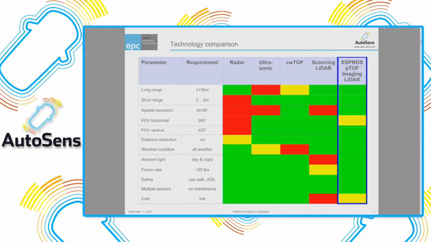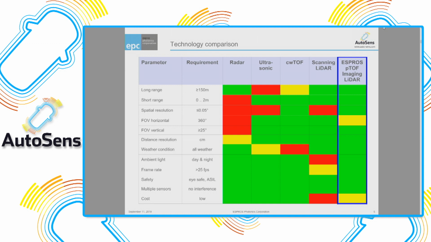So the comparison here is regarding different technologies. Radar basically has a poor spatial resolution; ultrasonic is typically for short range. Then CW ToF is typically very high resolution distance imaging; scanning LiDAR suffers on the spatial resolution. And then what we are doing is a PToF imaging LiDAR.